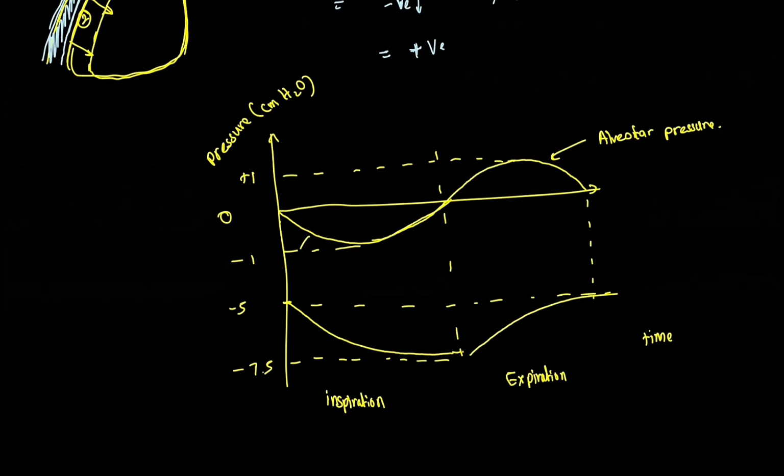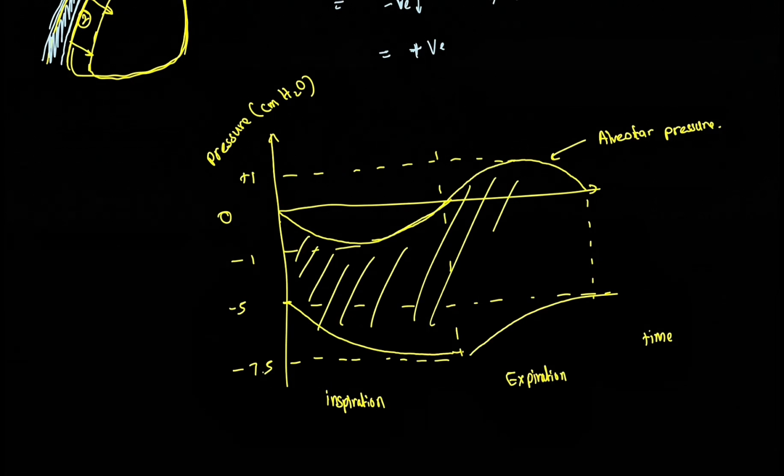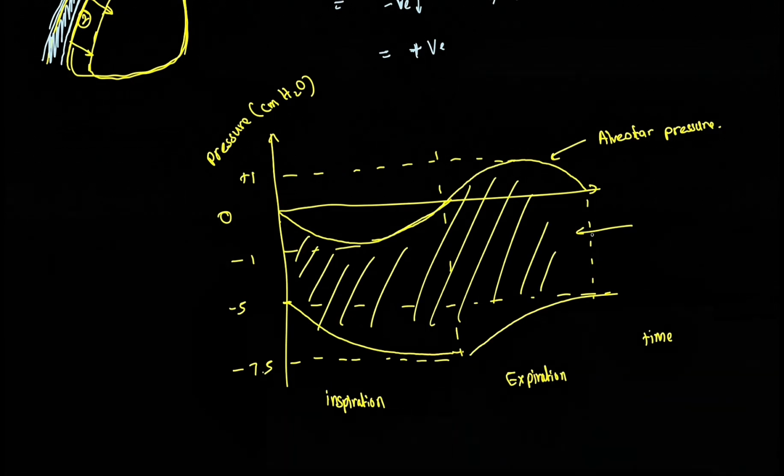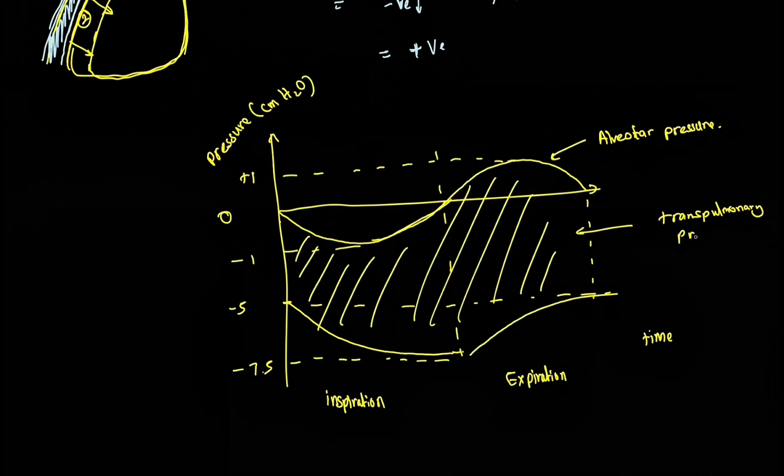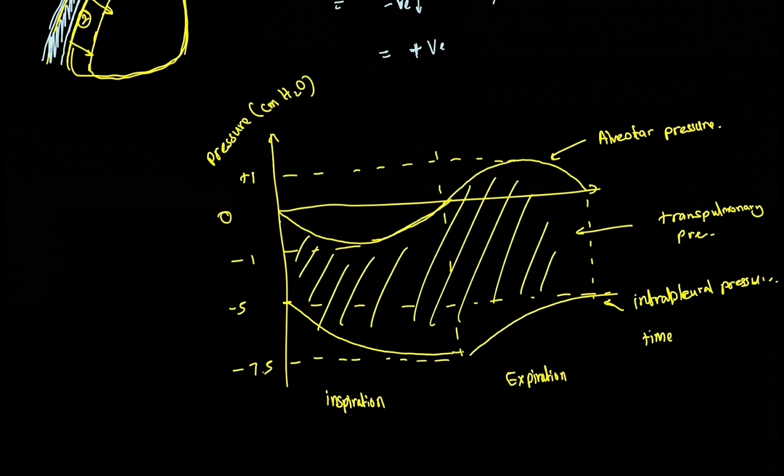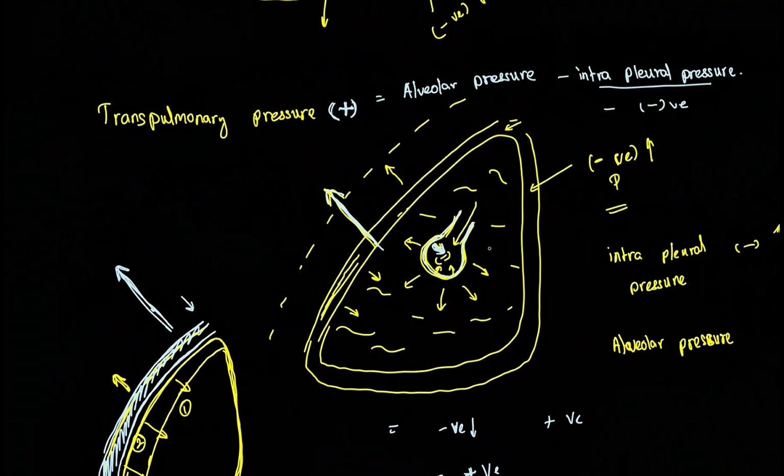So the difference, we call this the transpulmonary pressure, and this one is intrapleural pressure. Transpulmonary pressure is the difference between the alveolar pressure and the intrapleural pressure.